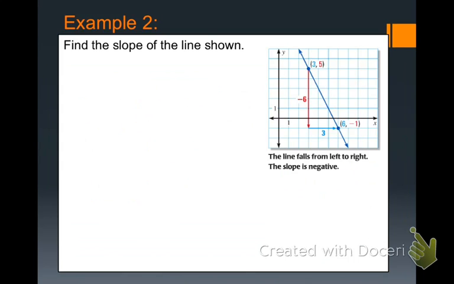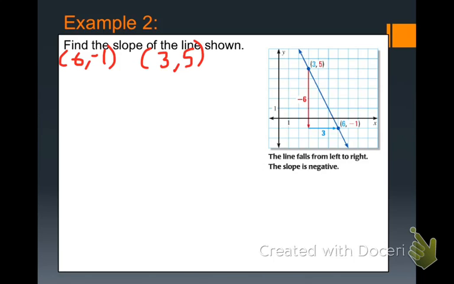Okay, so let's do another example. Find the slope of the line shown. So remember, you can find the slope between any 2 points that fall on the line, but in this case, we have 2 that are nicely marked for us. So first we have our points, 6, -1, and 3, 5.